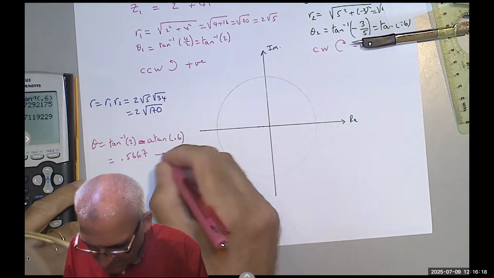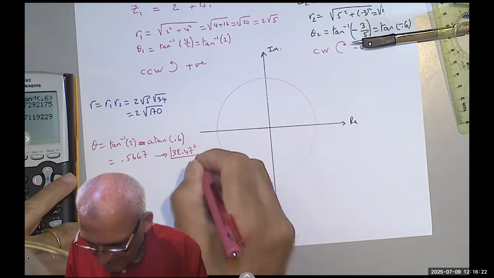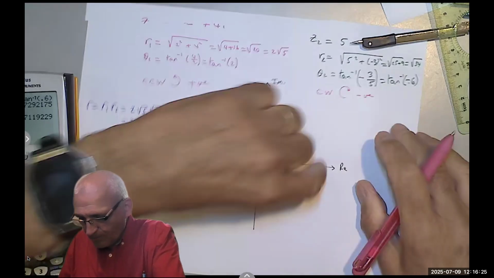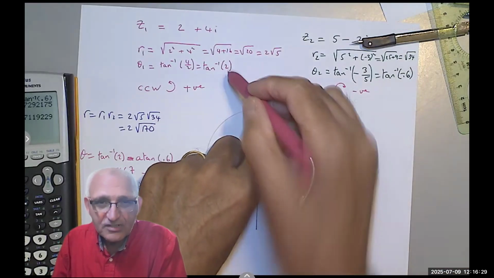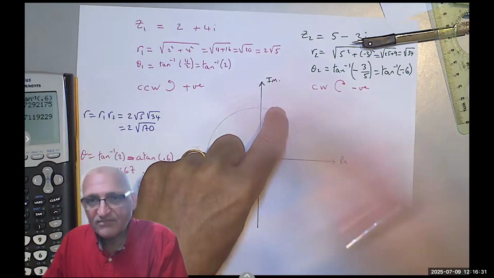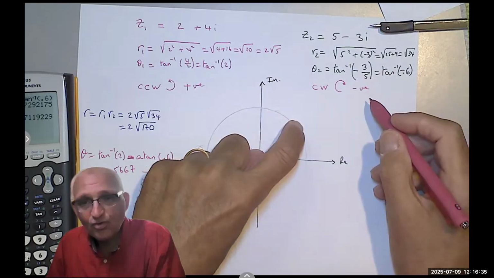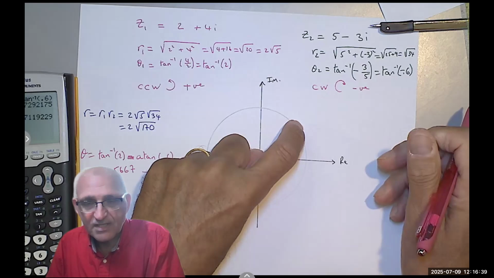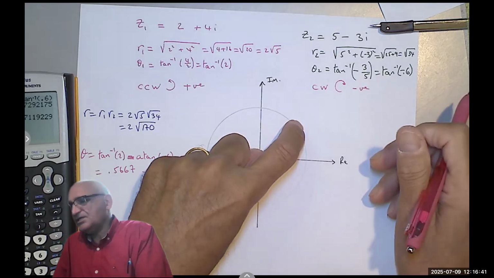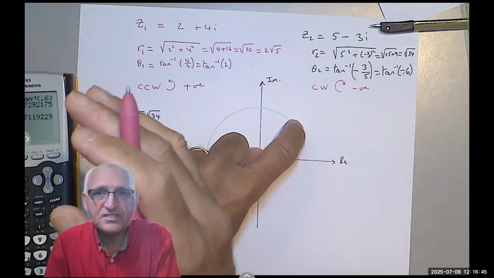This is about 32.47 degrees. Remember, we said we are going to turn slightly more than 60 degrees, because 2 is more than 1.73, which is root 3. And then I go back by the angle whose tangent is 0.6, which is slightly more than root 3 over 3, and root 3 over 3 is 30 degrees.